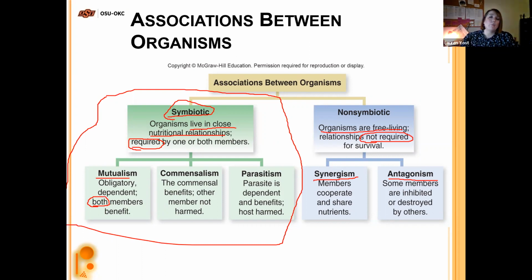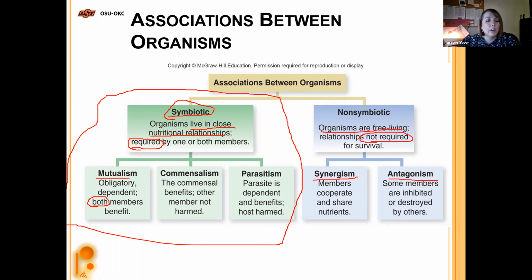You're benefiting because they're giving you protection from outside invaders, like food poisoning, a process they call microbial antagonism. They also break down some of the foods, and you can use the byproducts of that breakdown as nutrients for yourself. So that's mutualism. We're both benefiting from that.